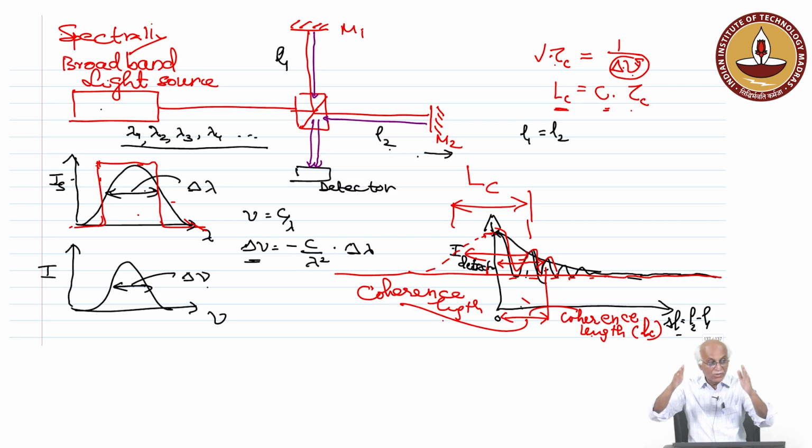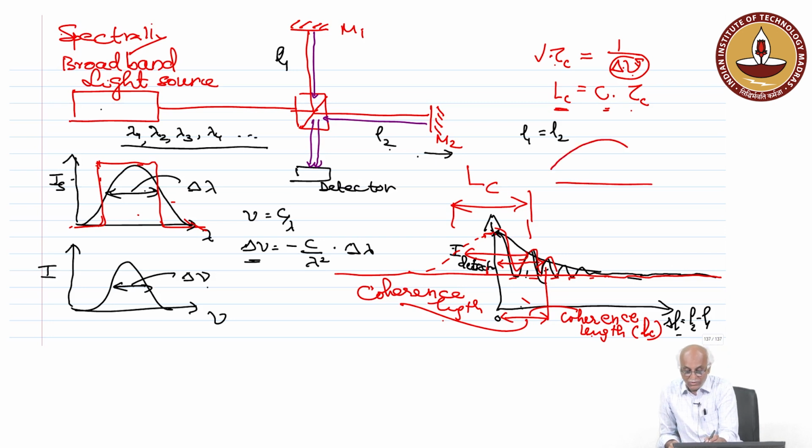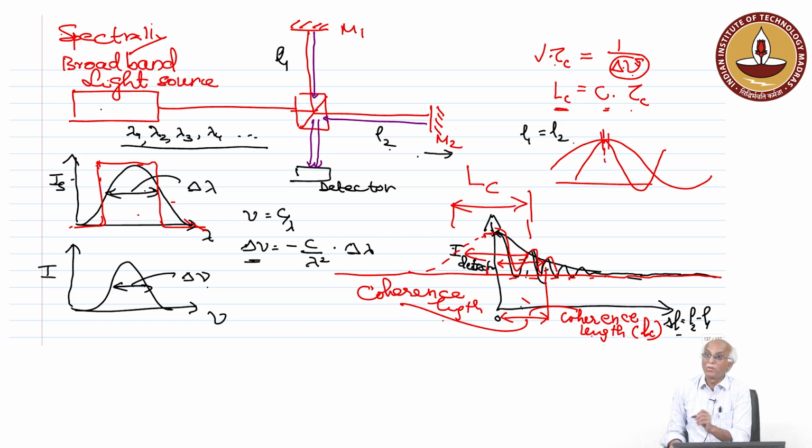As the spectral width increases, automatically the time duration within which all the waves have the same phase will keep decreasing, because with a longer wavelength and a shorter wavelength, the time duration over which they have the same phase is quite small.